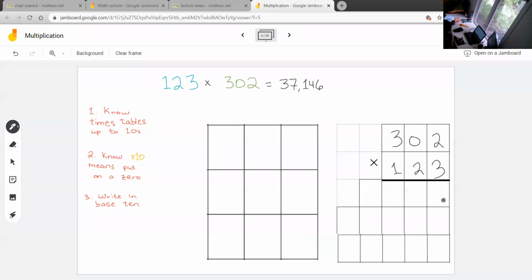Okay, 3 times 2 is 6, 3 times 0 is 0, 3 times 3 is 9. That was all dealing with the 3. Then I put in some sort of, let's ignore this spot, because the 2 is really a 20, so I need a times 10. 2 times 2 is 4, 2 times 0 is 0, 2 times 3 is 6.